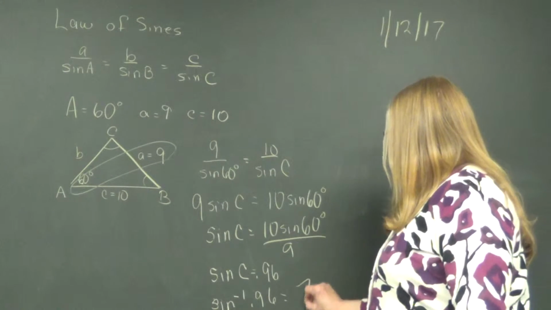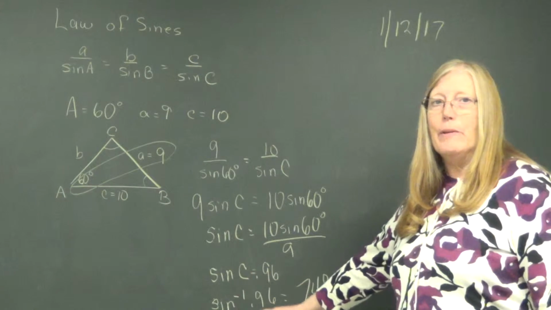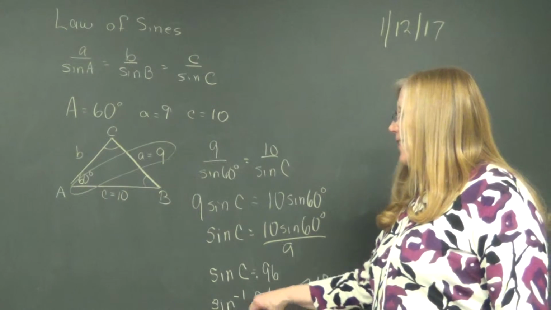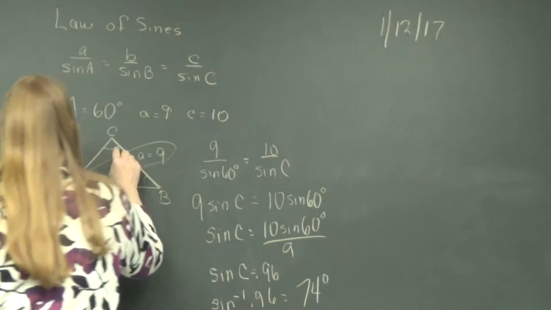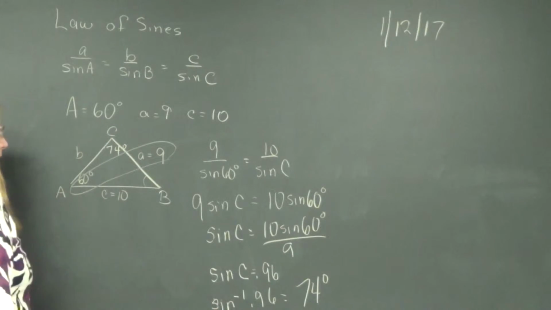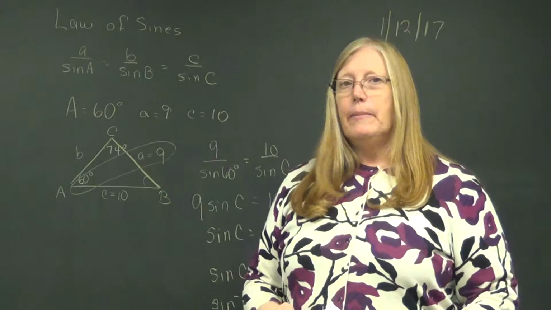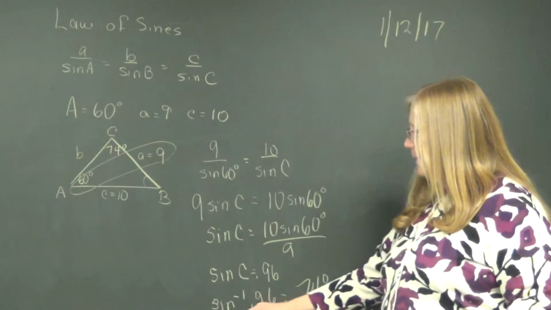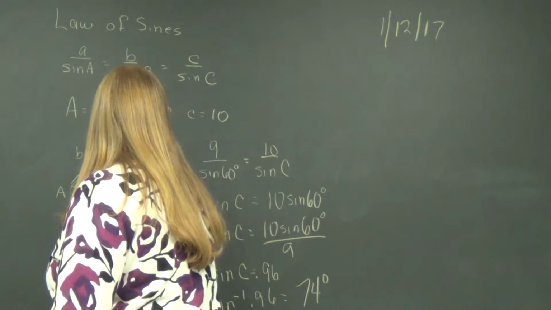It came out to be 74 degrees. All right, if that went off the screen, I'm sorry, but you could hear me. Sine inverse of 0.96 is 74. So I'm going to put that answer up here. The only thing is, the law of sines is somewhat limited because when you have this step in the law of sines, and I'll put it up here, this is a warning.